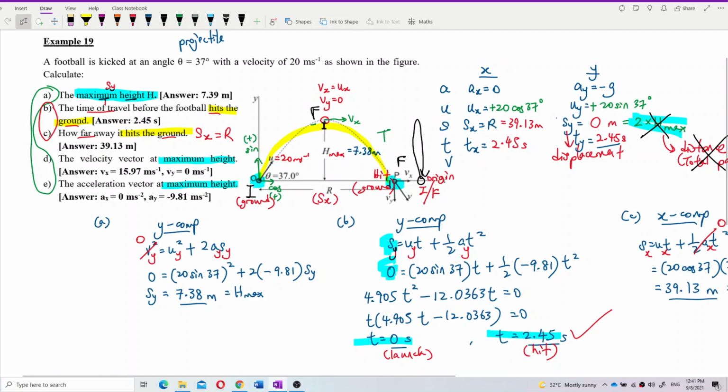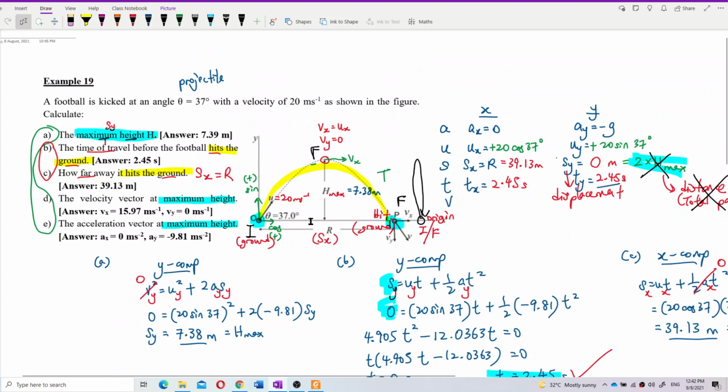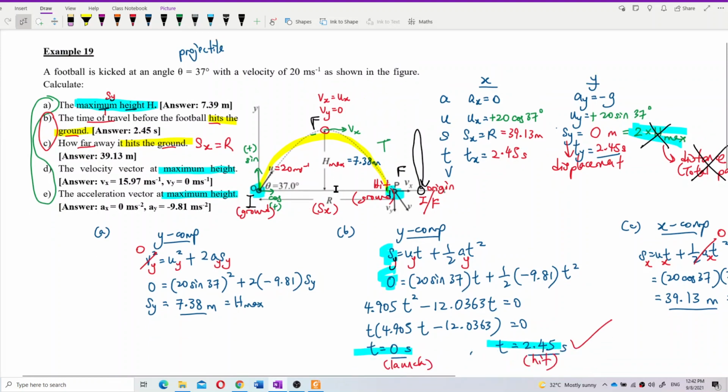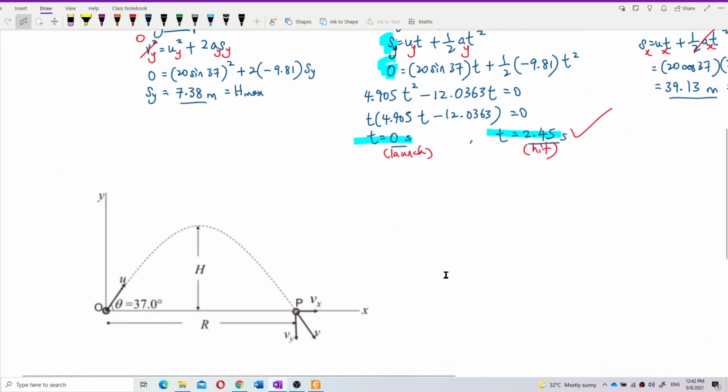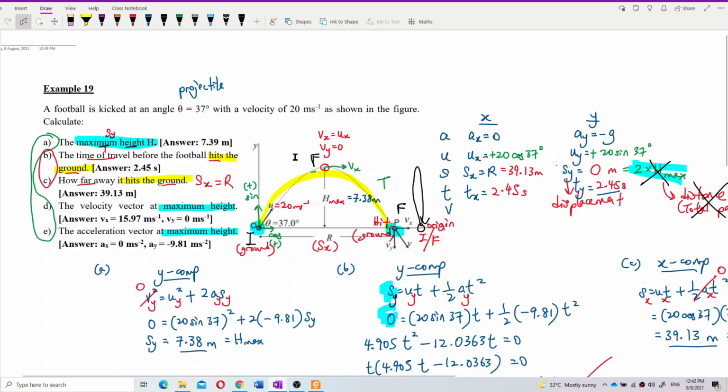So for this one, I have to draw the diagram again. I already duplicated the diagram here and put it in here. This one is for the condition hit the ground, so this is for B and C. The final point is over here.